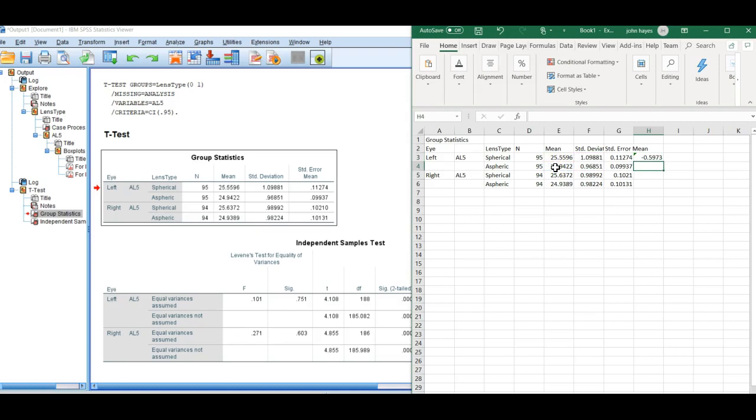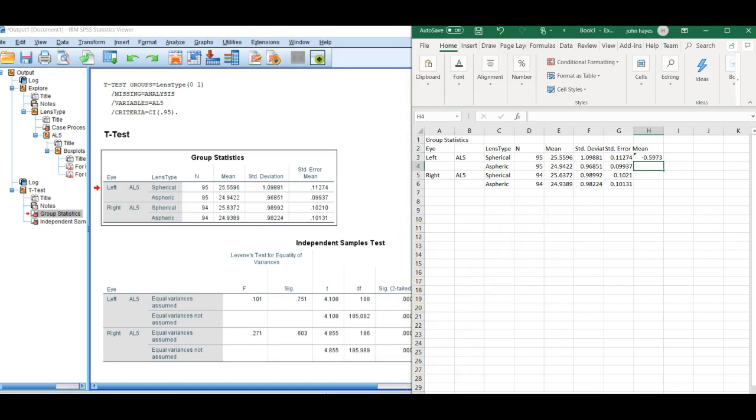And we get an effect size of minus because aspheric was listed first and spherical is bigger. So minus 5.96. So it's a clinically relevant difference, but it's a modest one. It's near the minimum clinical difference that we would accept. But it's still a difference, and it's a reasonable difference.